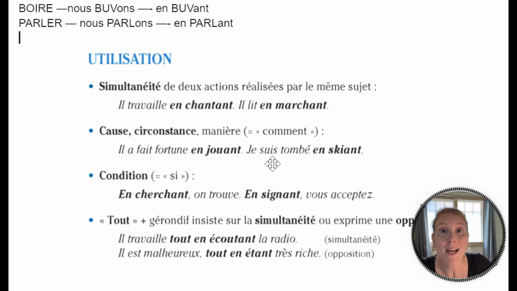Je suis tombé en skiant. I fell while skiing. Well, by skiing, right? So you're explaining the way, the causes of your results. So the result is that you fell, probably you hurt yourself. How did you do that? You were skiing, okay?